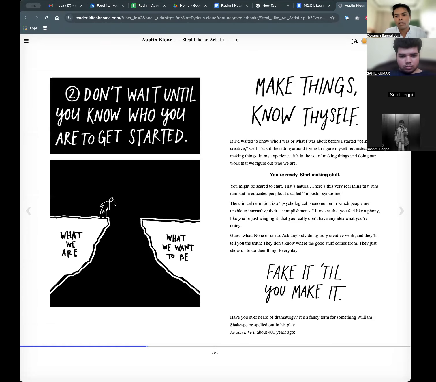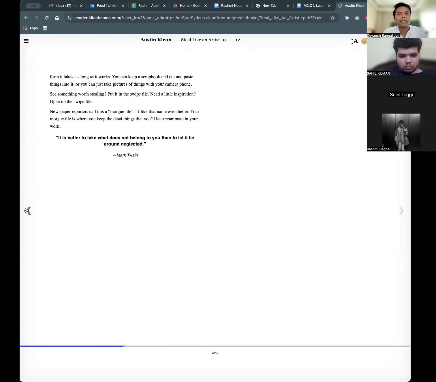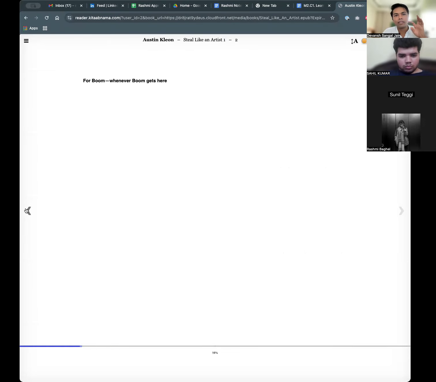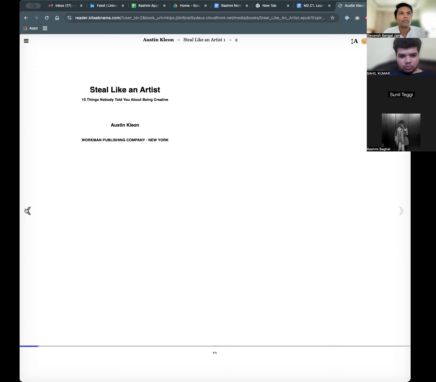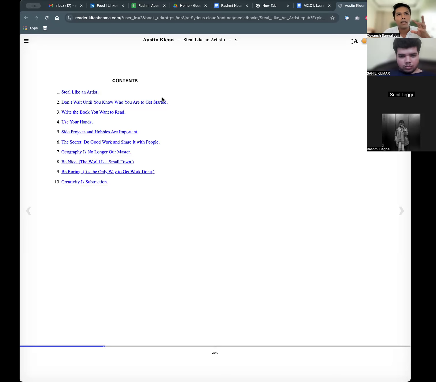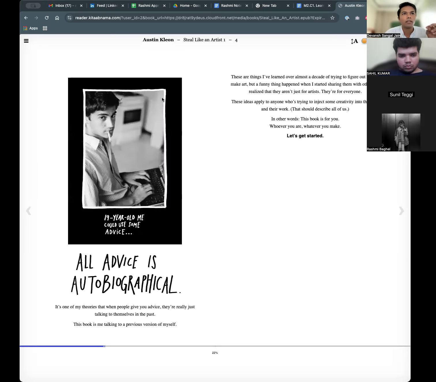So this is called Steal Like an Artist. It's a book that's written kind of for artists, but really I think it applies to, yeah, it's aimed at creative people, but I think it works really well for any skill that you want to learn.